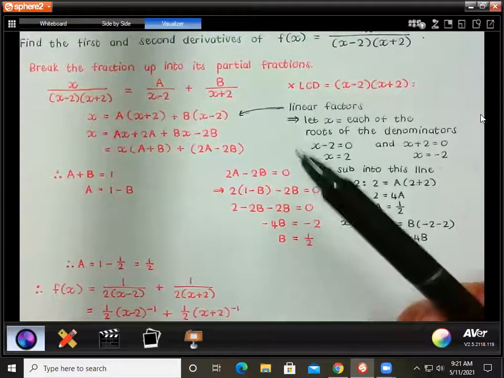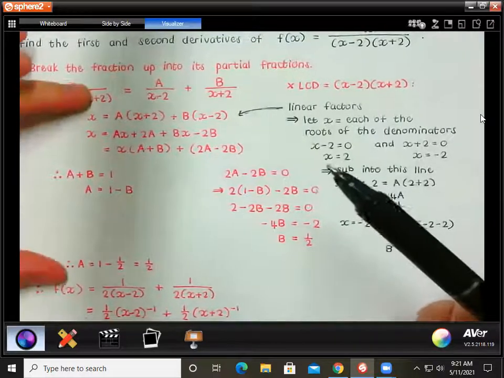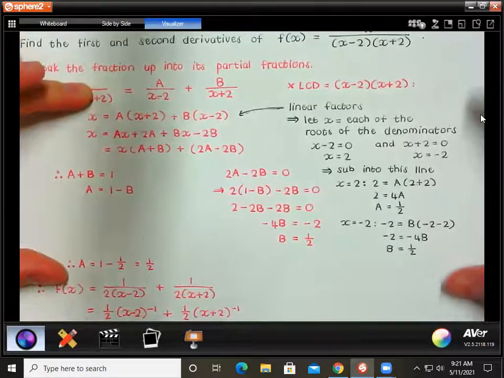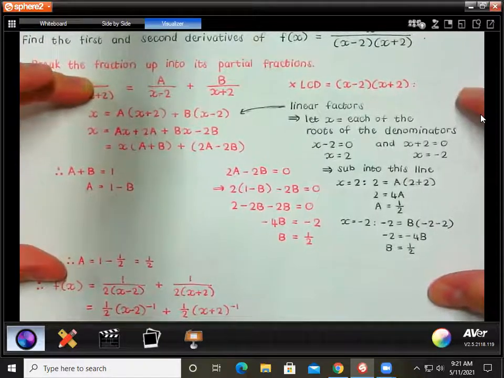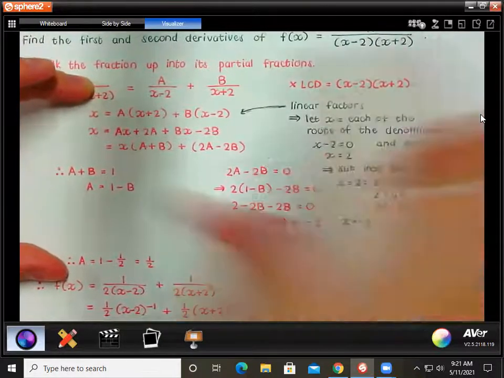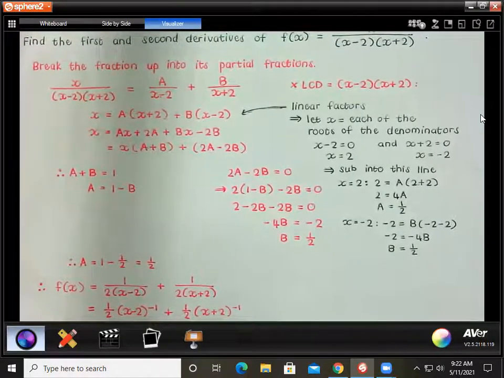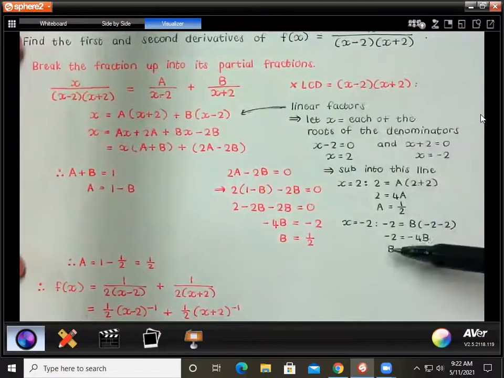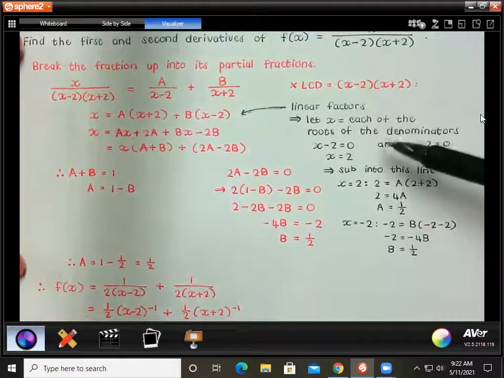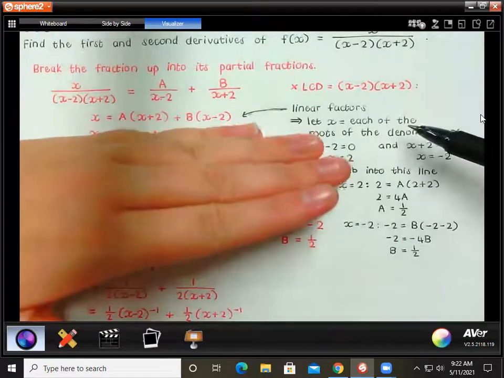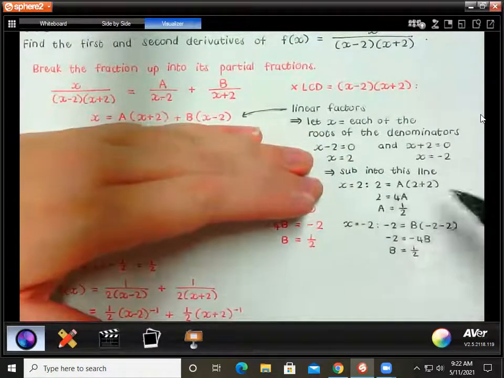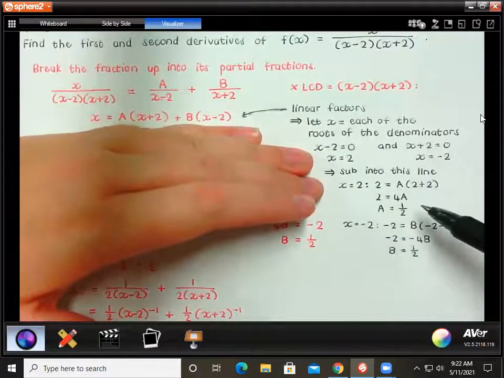But guys, it is quite good to actually just know the other method as well, because this method is quite limited in the sense that it only works if you have linear factors, where the other method will work for any type of partial fraction scenario. And it's up to you guys. Now, if you are using this method, the only thing that you actually need to write down is you need to go to that line, and then you're going to write x equals 2, and you're going to show your substitution, you're going to show your answer.